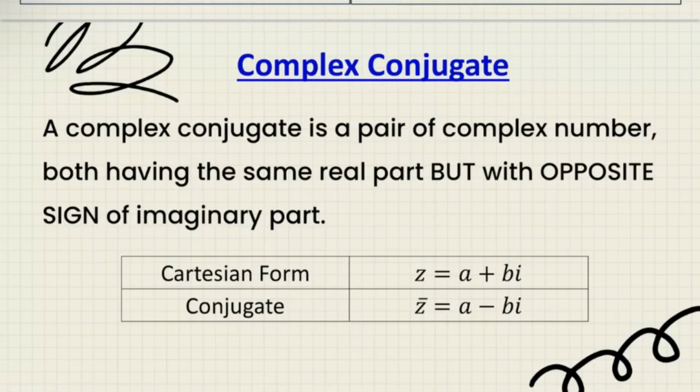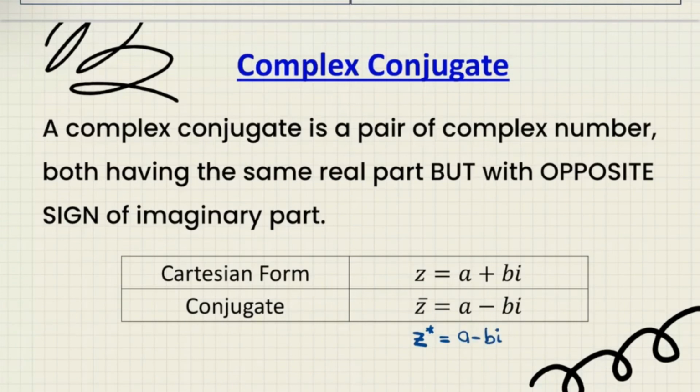So complex conjugate. Complex conjugate sebenarnya yang tadi, yang first tadi kita ada tengok conjugate dia tulis ada Z bar kat sini. Okay, it can be written as Z bar ataupun sometimes Z star. Dia adalah benda yang sama lah which is a minus bi juga.